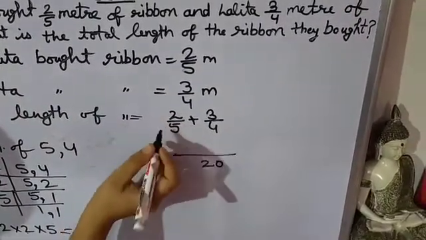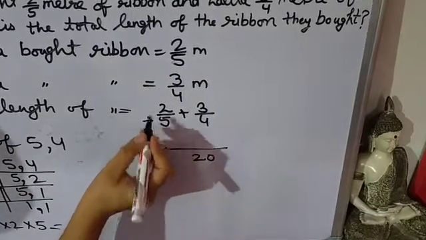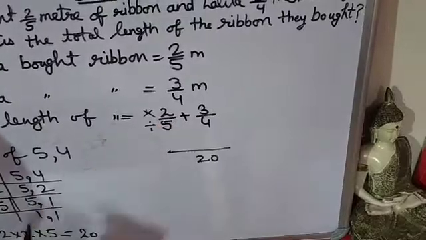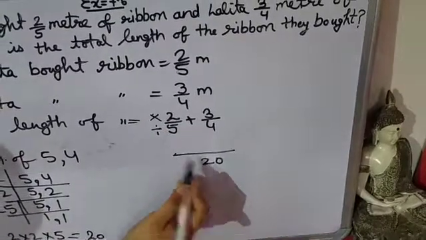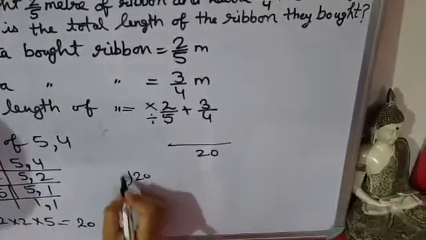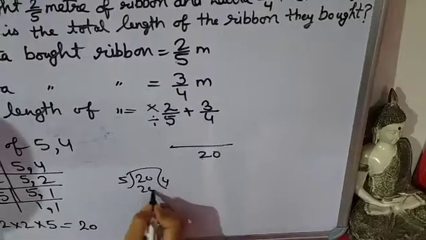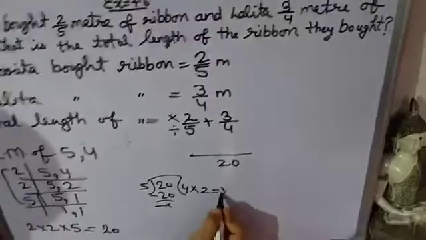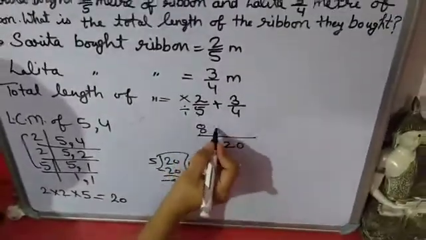Then you know, with this denominator you have to divide, and with this numerator you have to multiply. So 20 divided by 5 will be 4, and this 4 multiplied by 2, 4 twos are 8, so here 8 will come.